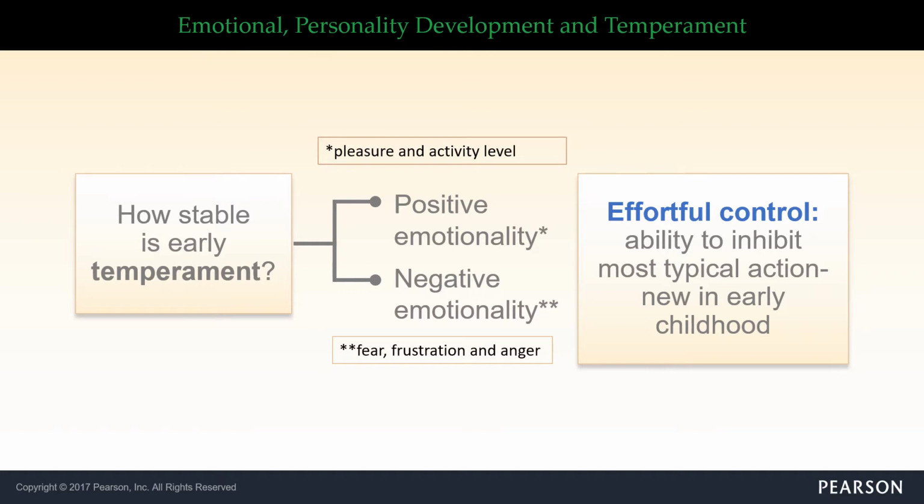And then the opposite of that would be negative emotionality, or the level of fear, frustration, and anger a child experiences. And then the third component is what really shows up in early childhood, and that's effortful control, or the ability to inhibit the child's most typical action or reaction.